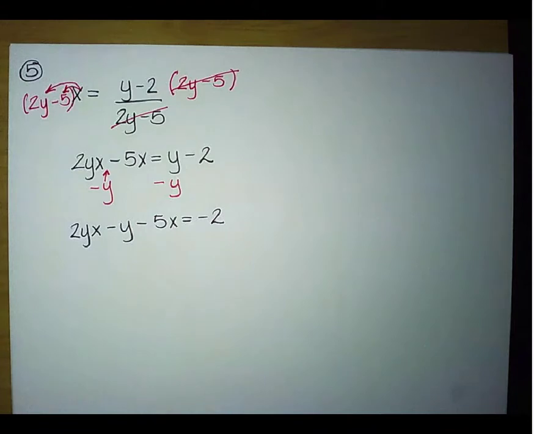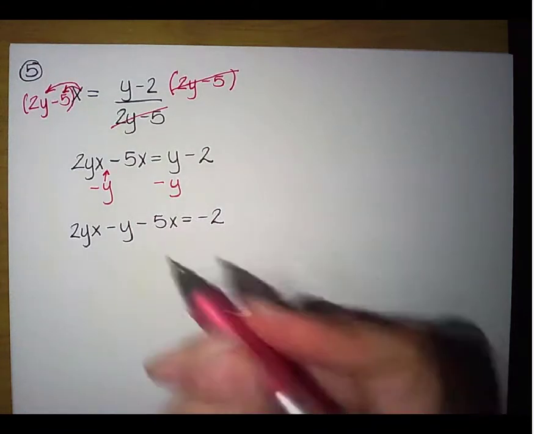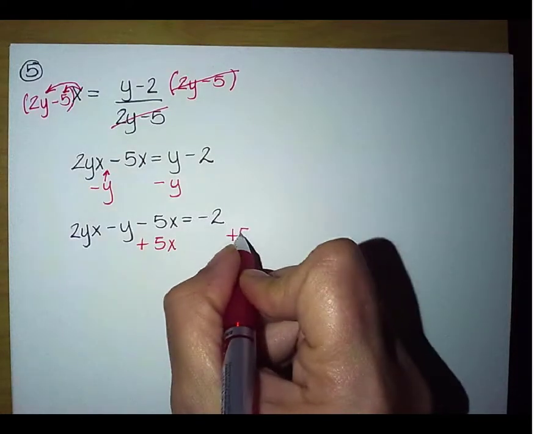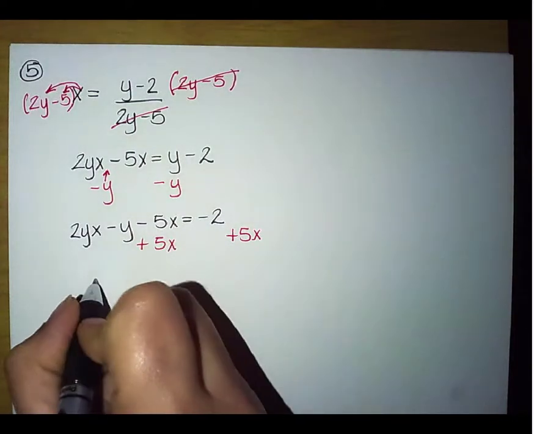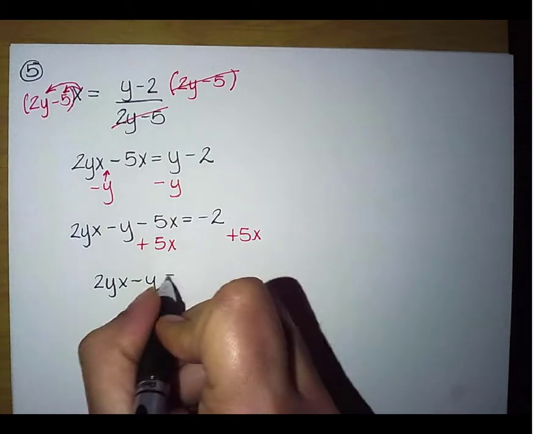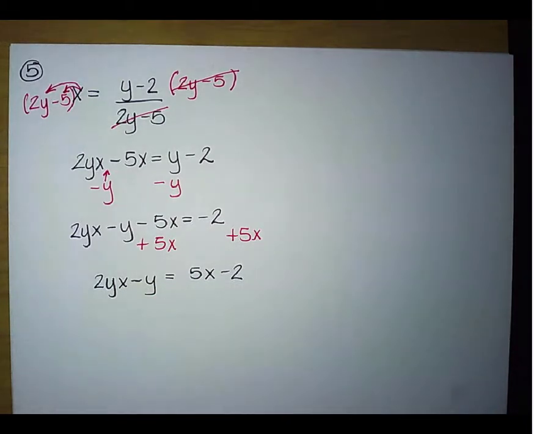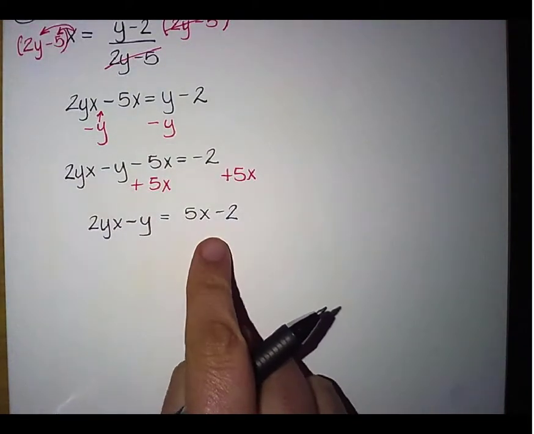Again, I still want to get my x's by themselves, so I want to move my negative 5x to the other side. So we're going to add 5x to both sides. So we end up with 2yx minus y equals 5x minus 2. And again, if you wrote that the other way, that's perfectly fine if you did negative 2 plus 5x.